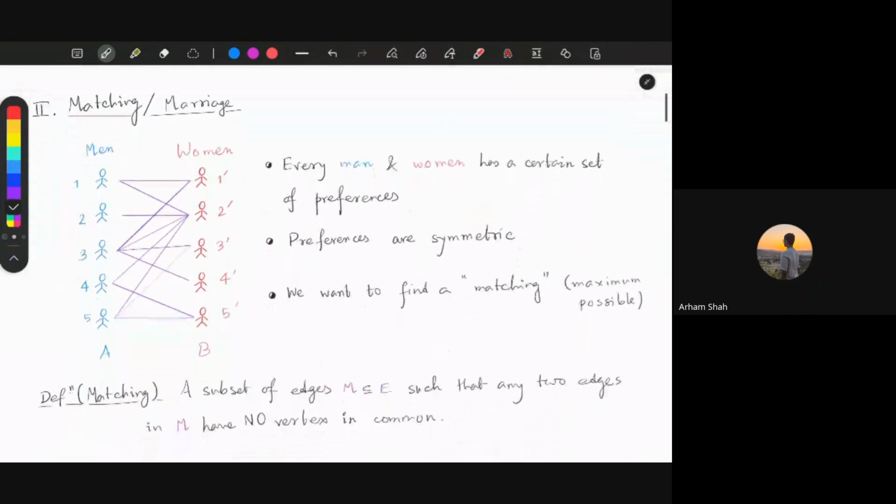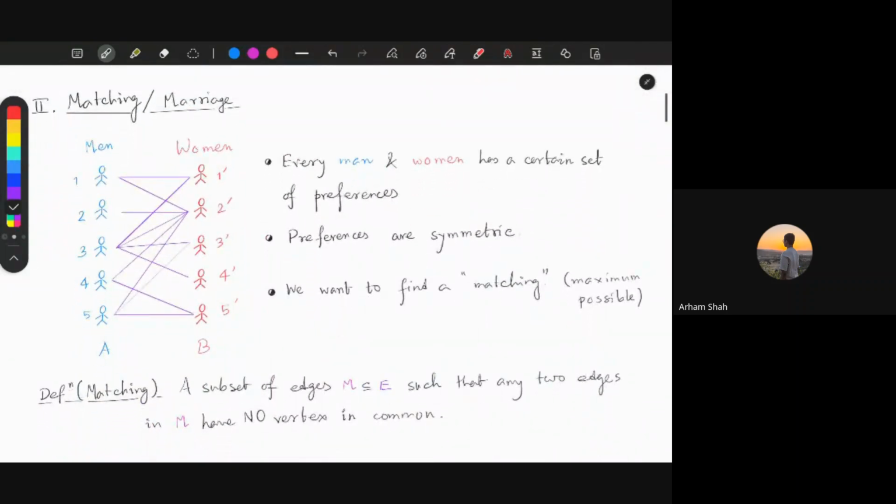The next is matching or marriage. Probably you have already seen this in the graph theory tutorial. Suppose you have n men, say n equal to 5, and n women. Each man has some preferences, and we assume preferences are symmetric. If one prefers two dash, then two dash prefers one, like that.